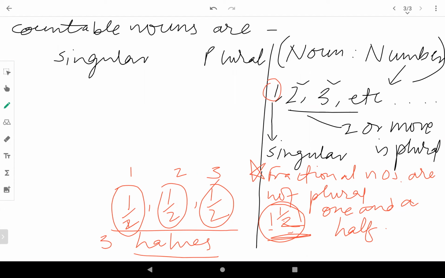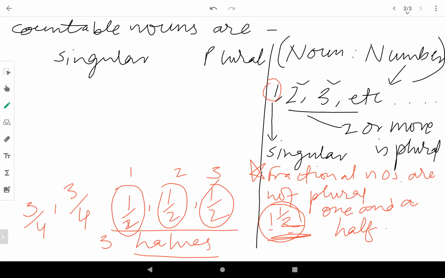Likewise, if there is 3 by 4, 3 by 4, then again, two 3 by 4s or two three-fourths.